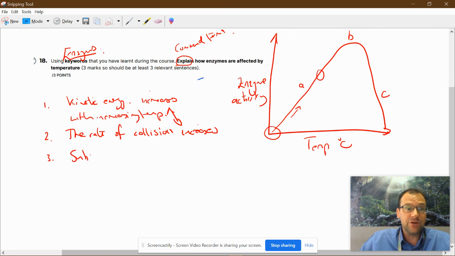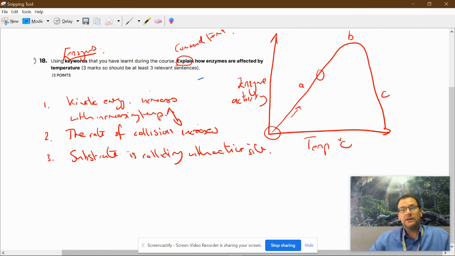Okay, so substrate is colliding with the active site on the enzyme more often. Yes, and if it's colliding with that active site, then it's going to be able to form that enzyme-substrate complex. All right, so that's kind of part A.